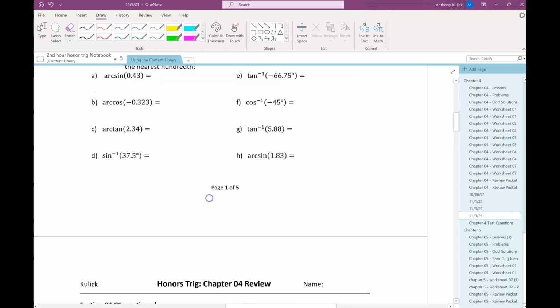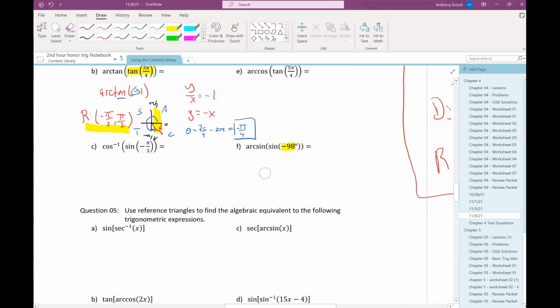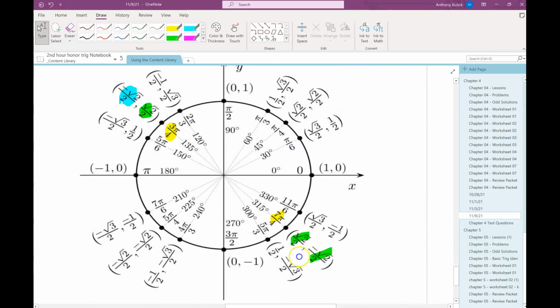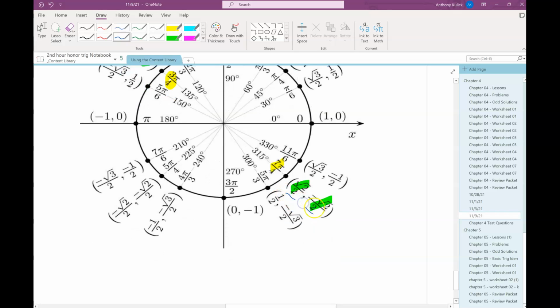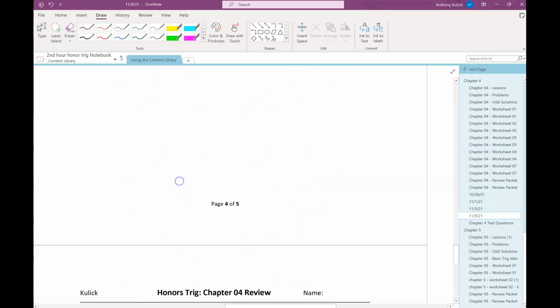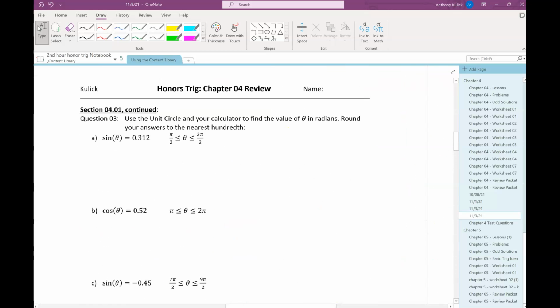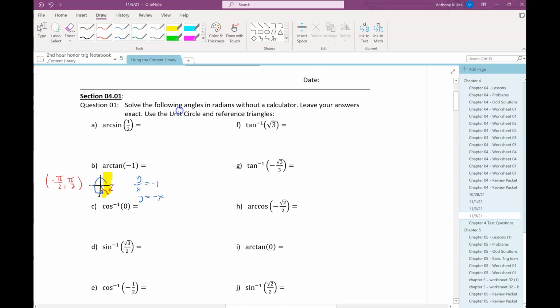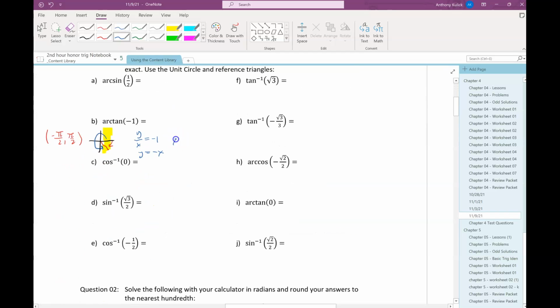In quadrant 4, that's here. So the angle measure I want is 7 pi over 4. Okay with that? Yeah. But that's not my answer, because that's the blue angle that we've drawn.